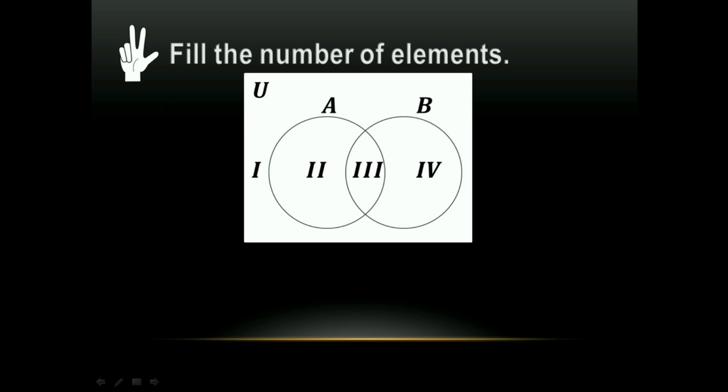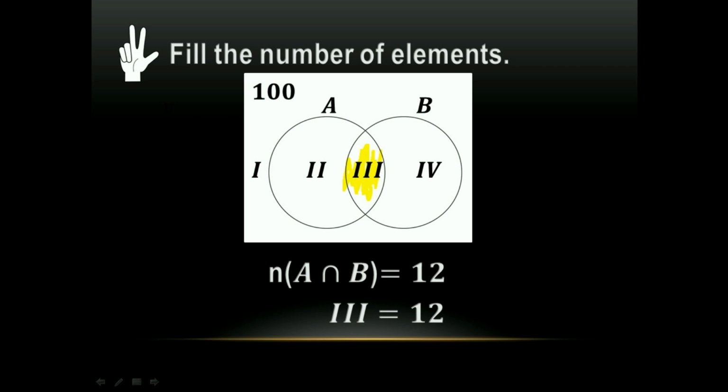Our universal set was given, which is 100. After that, we have to get region 3. Region 3 is just equal to the intersection, n of A intersection B. So region 3 is 12.